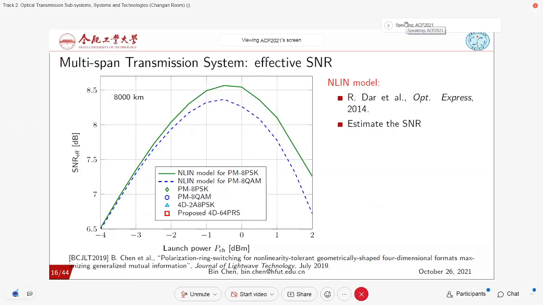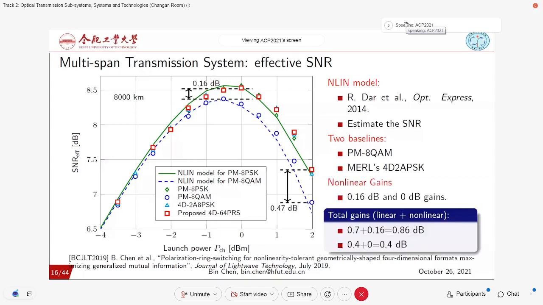If we first evaluate the effective SNR, we want to see how much nonlinear interference we reduce. Here we can see that the blue curves and the blue markers are the performance of PM QAM. It has variation in the 4D symbol.